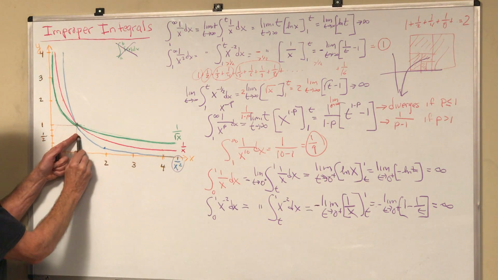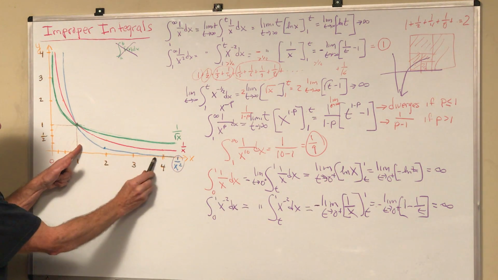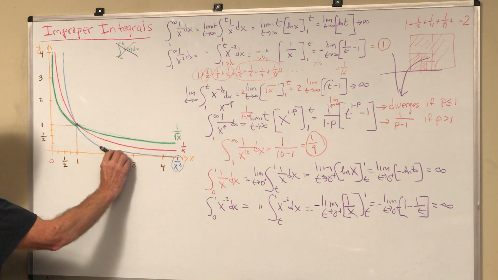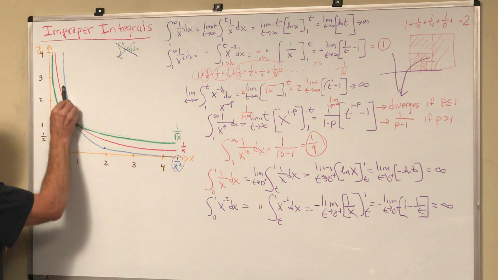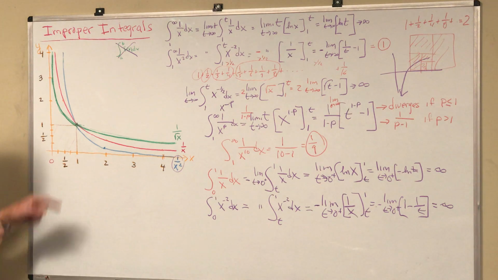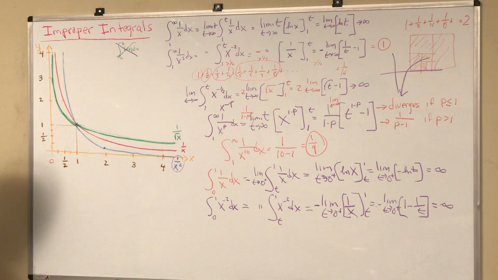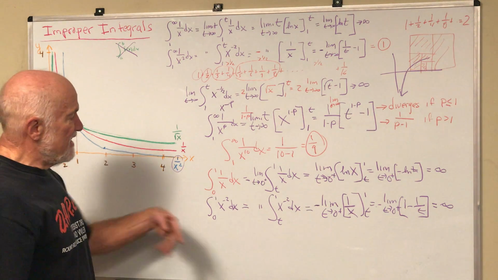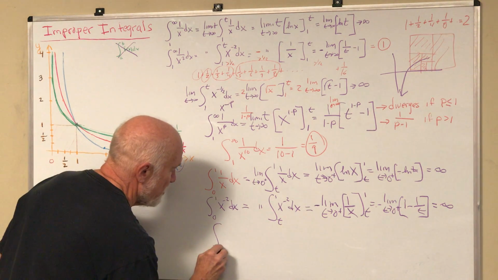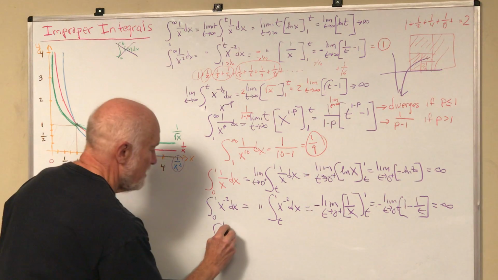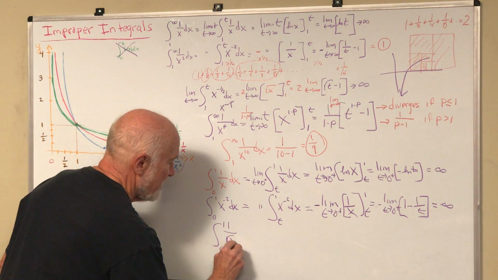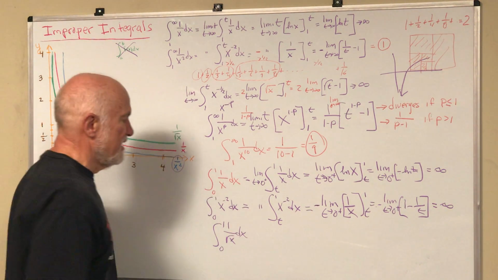So there was a very finite amount of area this direction, but you can see 1 over x squared works more like 1 over x when you go in the other direction. And I think we've probably done enough of these. I think you could find out pretty easily if you went 1 over the square root of x dx.